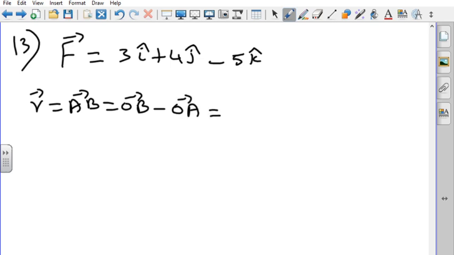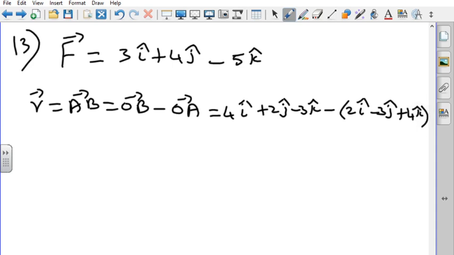Remember that here it is given through a point and about a point. Acting through a point should be taken first. So OB vector is 4i cap plus 2j cap minus 3k cap minus of 2i cap minus 3j cap plus 4k cap. So finally we get 2i cap minus 5j cap minus 7k cap.